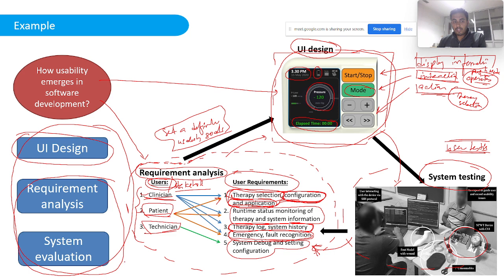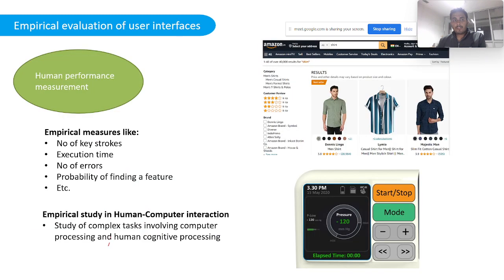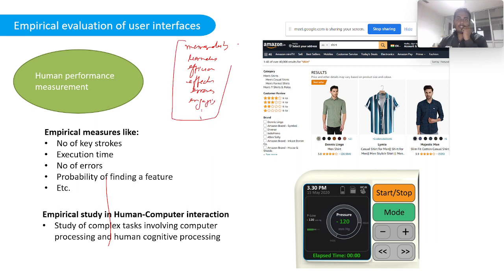That means we need a way to get feedback after evaluating a system. In the last class I discussed the various components like memorability, learnability, efficiency, effectiveness, errors, engaging, and so on. Those were the seven components.